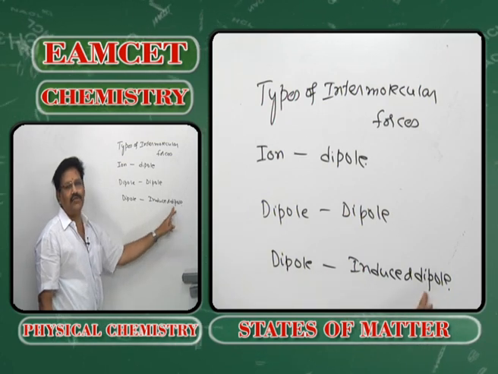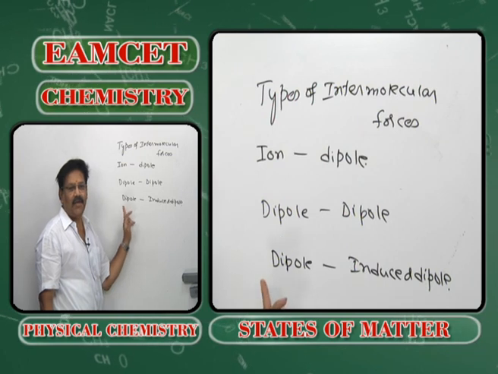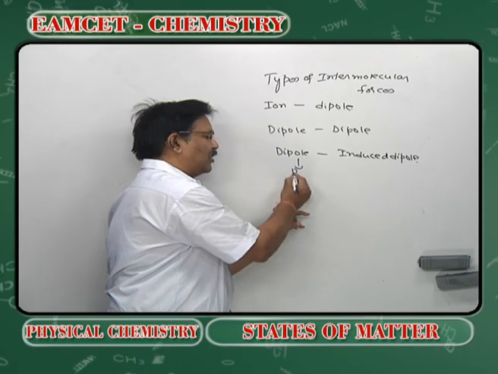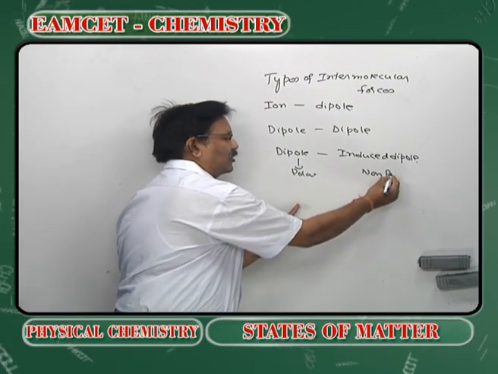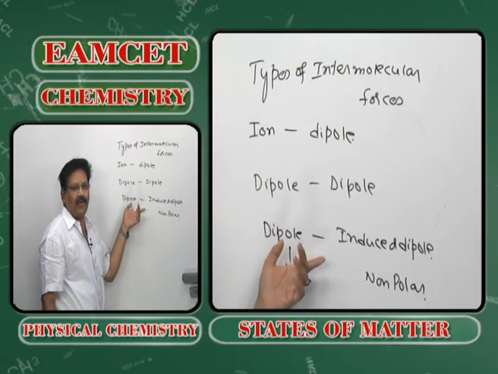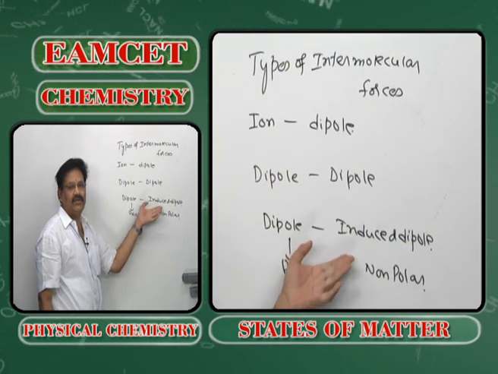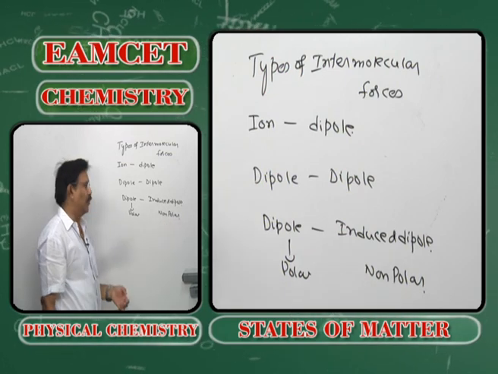Dipole and induced dipole type of attractions exist among a polar covalent compound and a non-polar covalent compound. In a polar covalent compound, a permanent dipole will be present, which will introduce a temporary dipole in the non-polar compound.